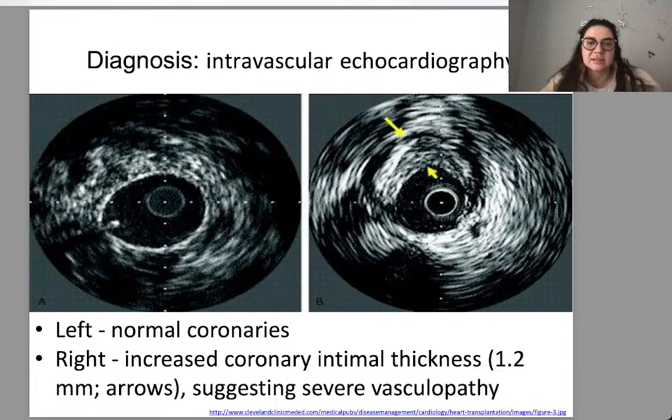It is 1.2 millimeters, suggesting very severe vasculopathy.